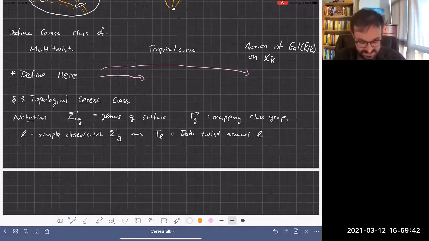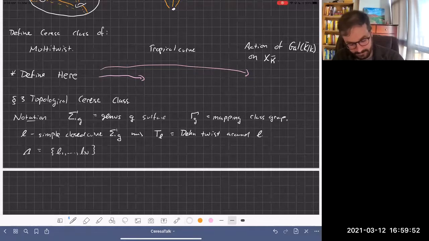Now if you're given some collection of pairwise non-intersecting loops, this allows us to form a multi-twist.